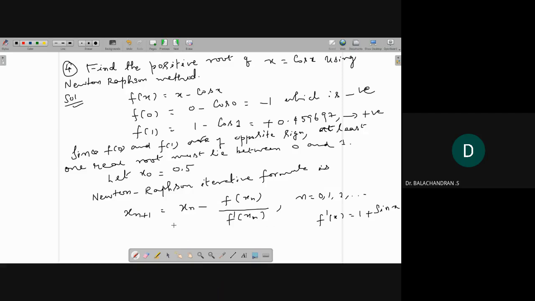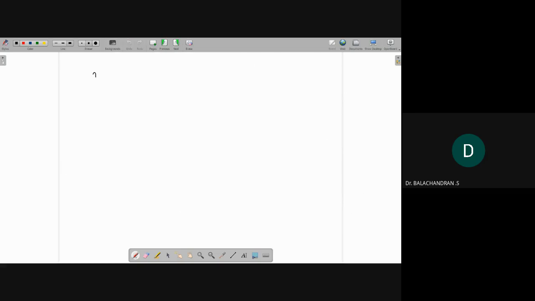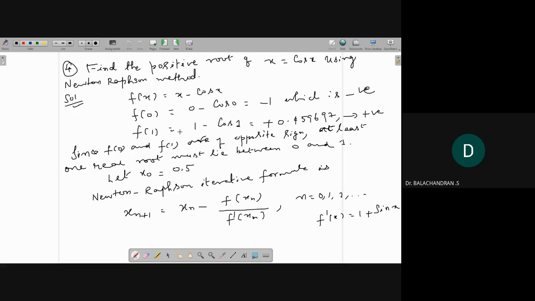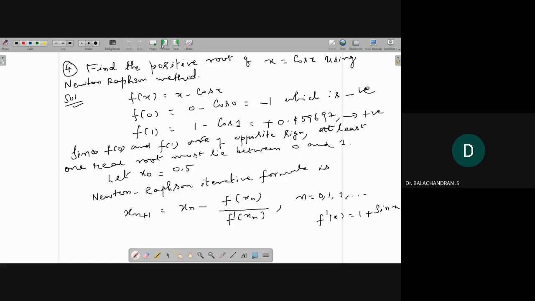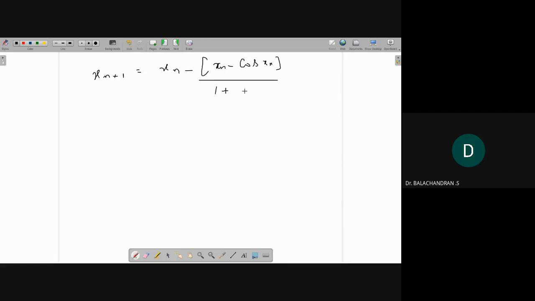Okay, and hence on the next page I will write x n plus 1 equal to x n minus f of x n. f of x n is x n minus cos x n, divided by f dash of x n, which is 1 plus sin x n, where n varies from 0, 1, 2, 3, and so on.